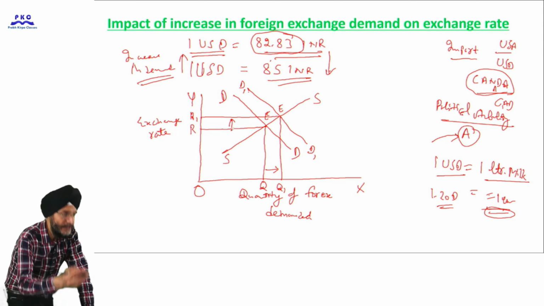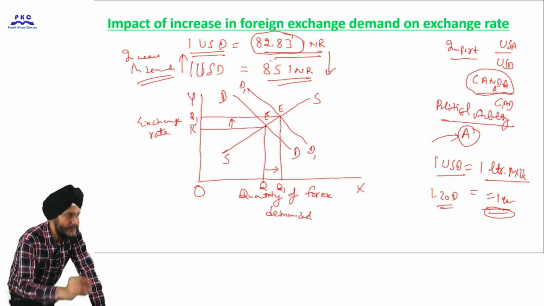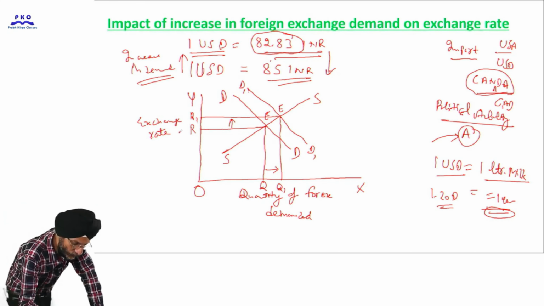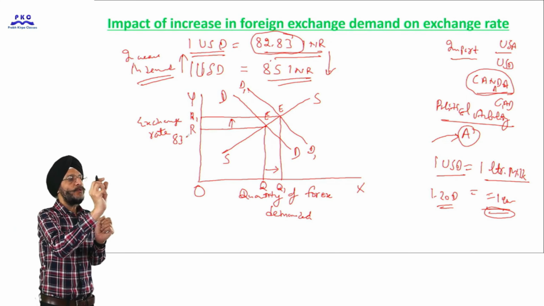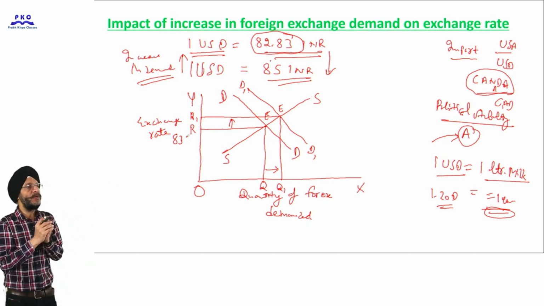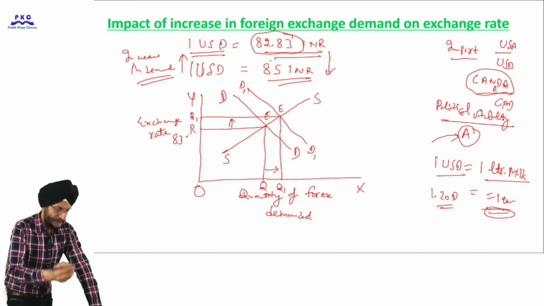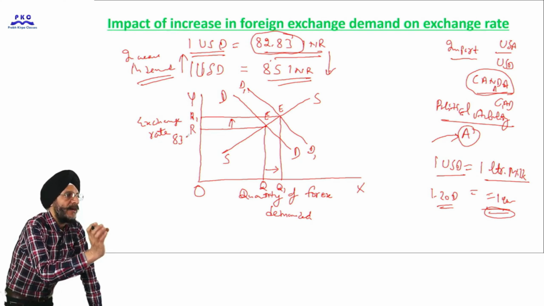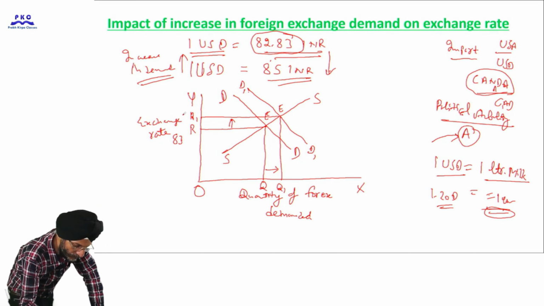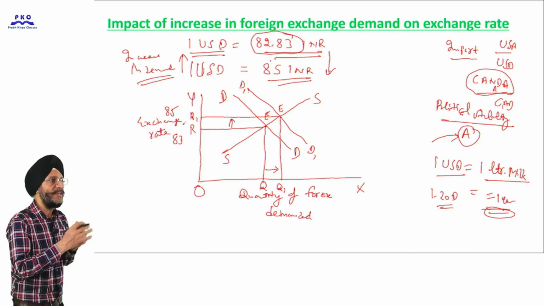We can, for example, say that if we are from India and earlier the exchange rate was 1 US dollar equal to 83 INR, that is, we used to pay 83 to get 1 US dollar. But as the demand of the currency has increased at the international level, what will be its effect? When the demand increases, the foreign exchange rate also increases. So we assume that it has increased to 85. So what has happened?